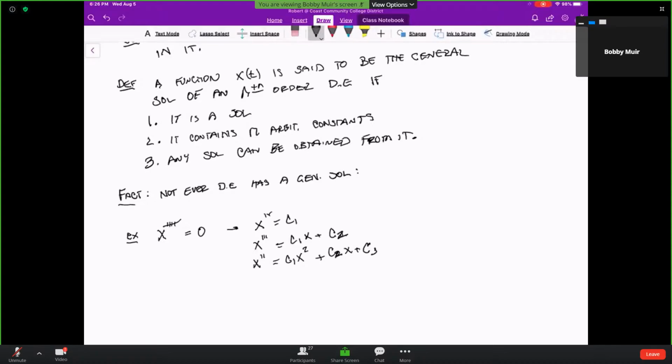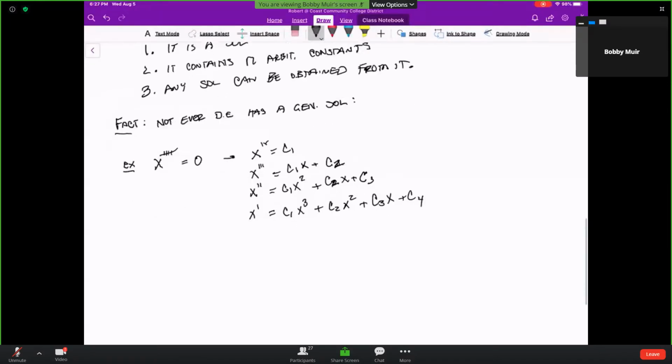And one of you is no doubt saying, oh, he messed up, it's x squared over 2. Nope, I just absorbed it in the constant. So now x prime is going to be some c1 x cubed plus some c2 x squared, c3 x, c4. And then the last one, of course, will have all 5 arbitrary constants.